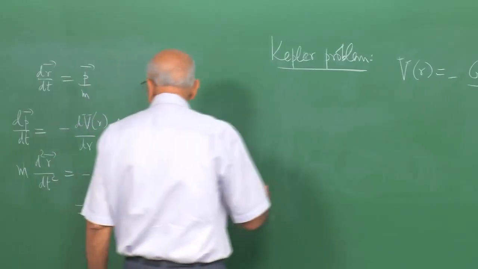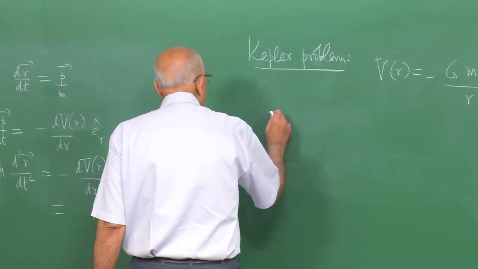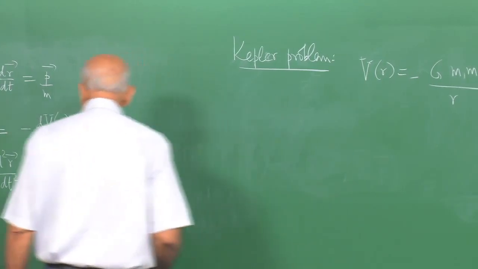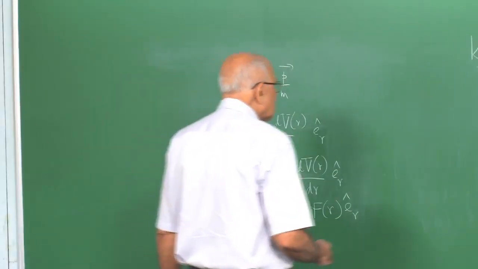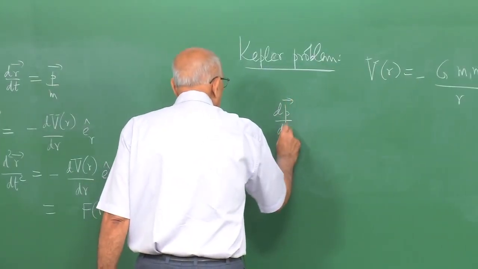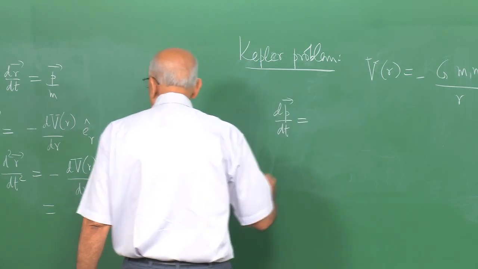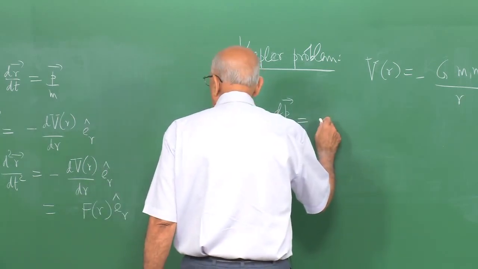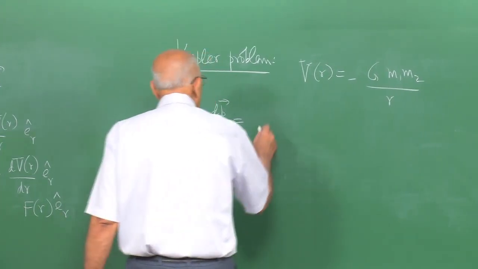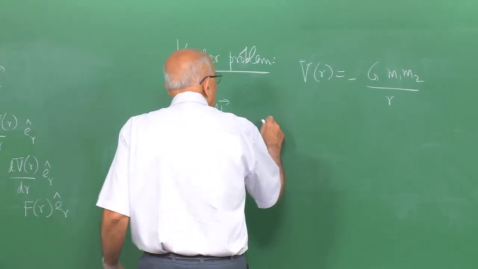So let me rewrite this thing in a simpler form, which is dp over dt equal to the gravitational force.